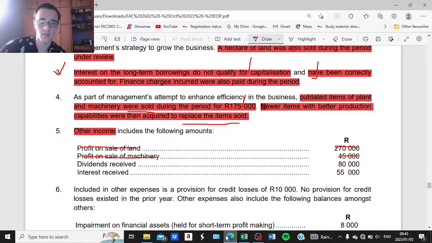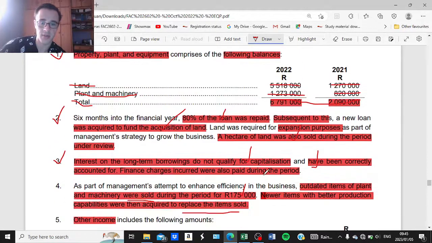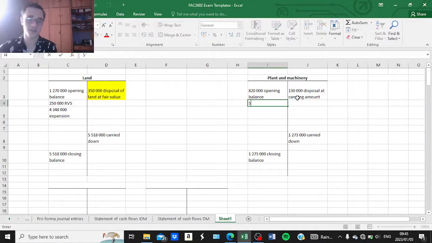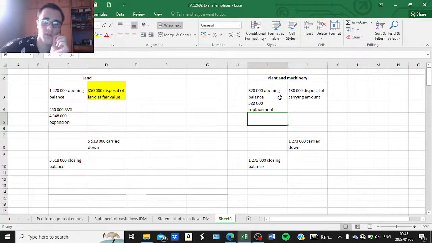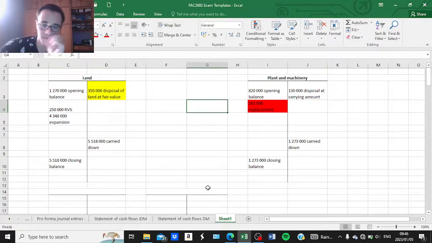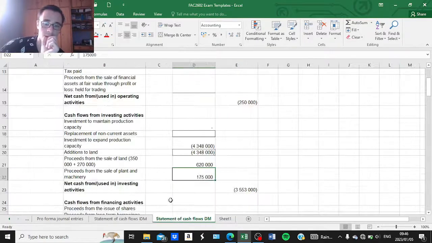All right. Just make sure that I've entered that amount correctly. Yes, I have indeed. So 583,000 was acquired as a replacement of plant and machinery. And we need to show this amount in our statement of cash flows as part of the investment to maintain production capacity.